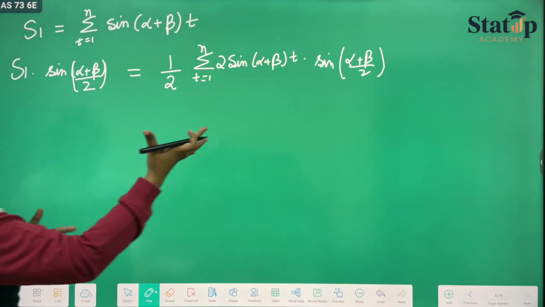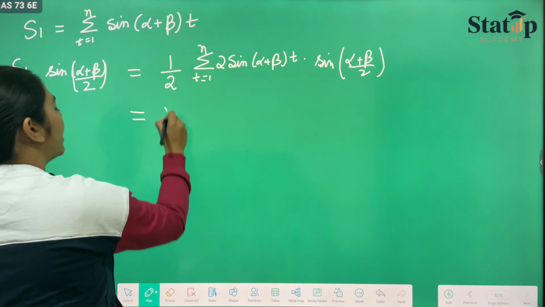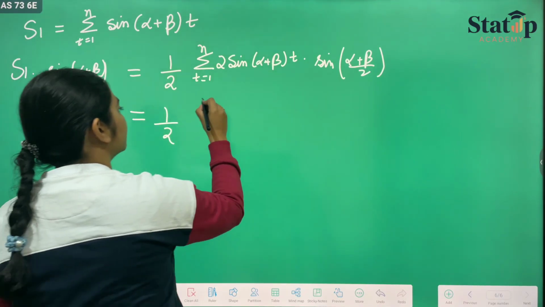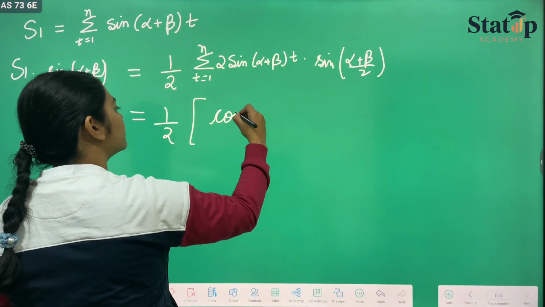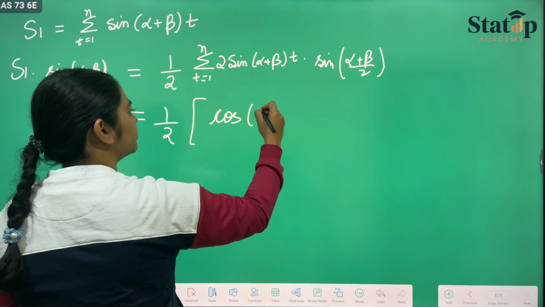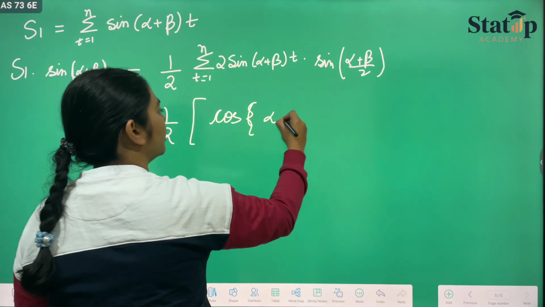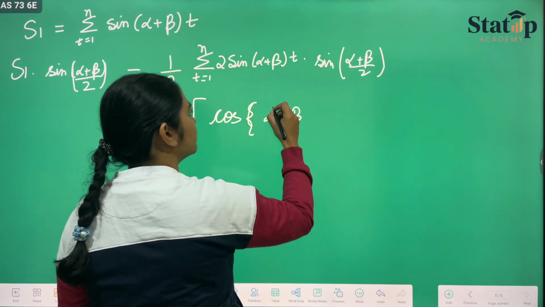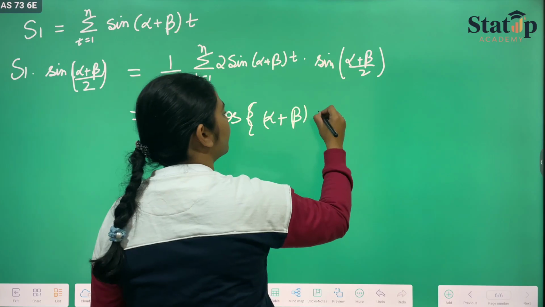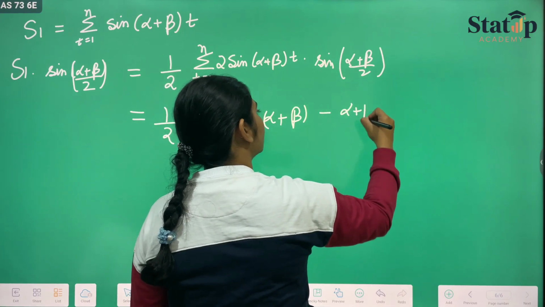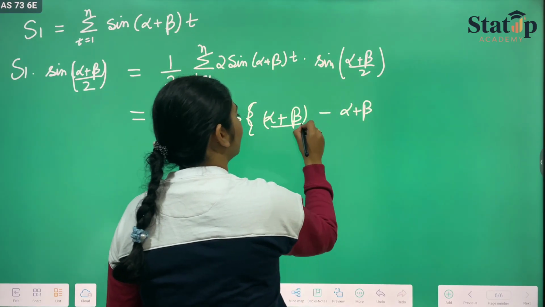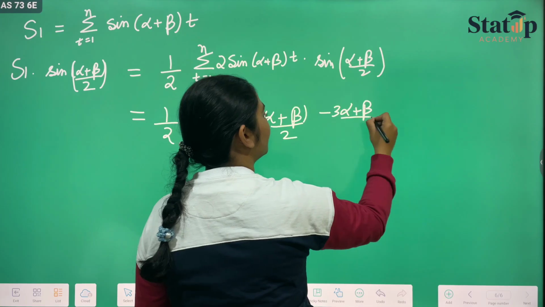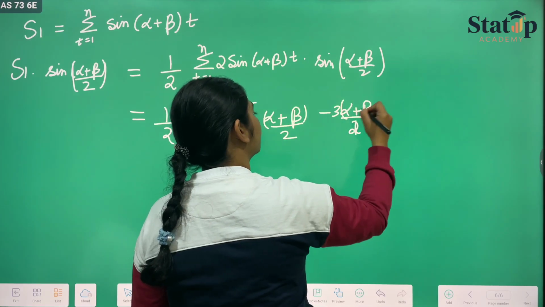So this will become a series of cos which would open as cos (alpha plus beta)/2 minus 3(alpha plus beta)/2.